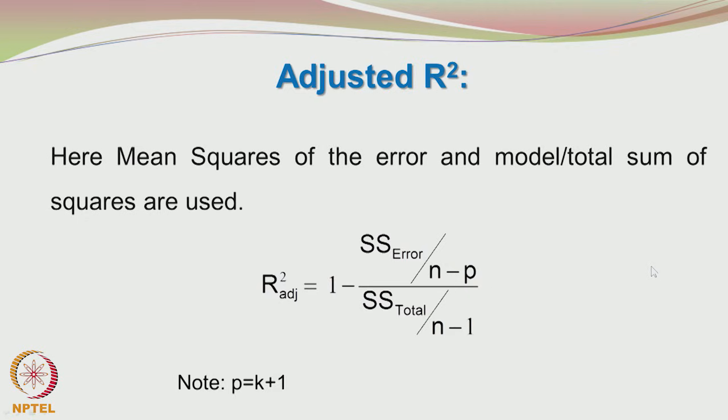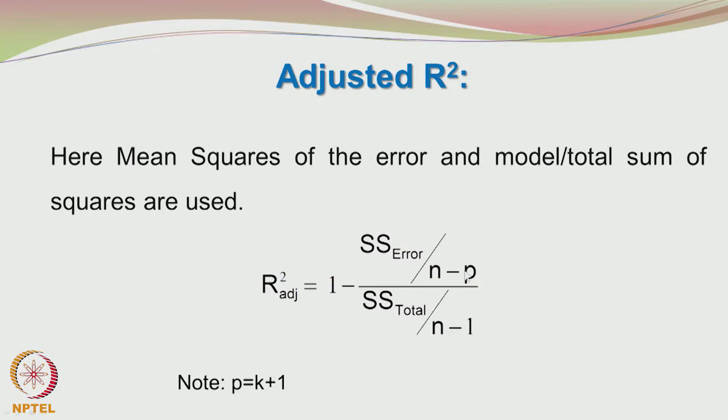Only when your adjusted r squared also increases with increasing number of parameters, then those parameters are required to improve the model's predicting capability. What I am trying to say here is, the mean square error term has two components, the sum of squares of error and n minus p.